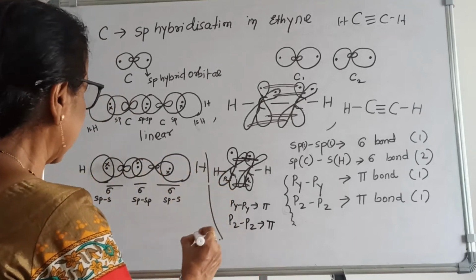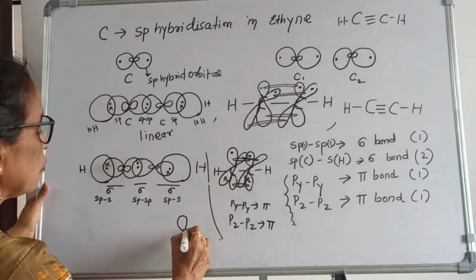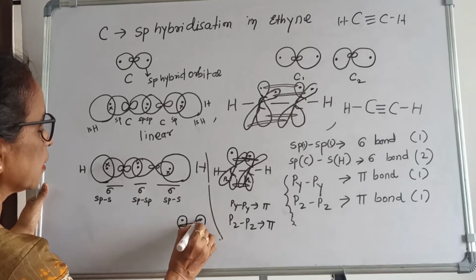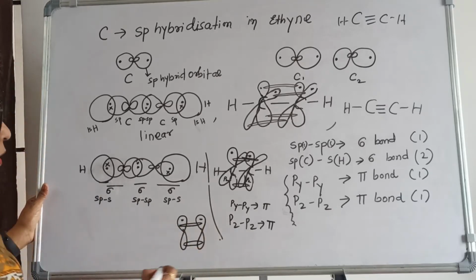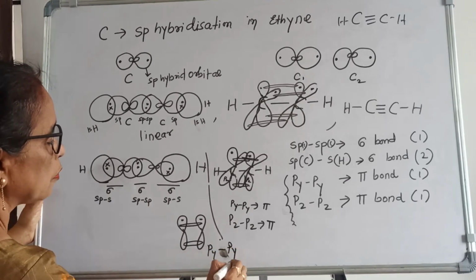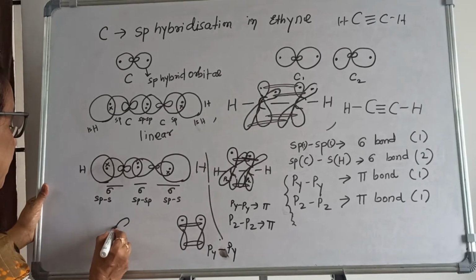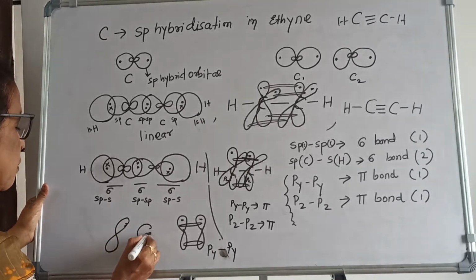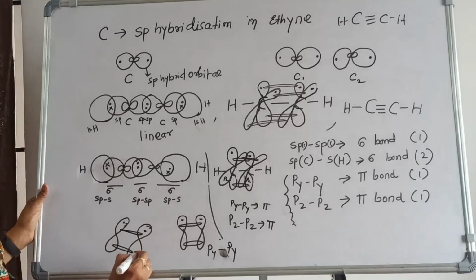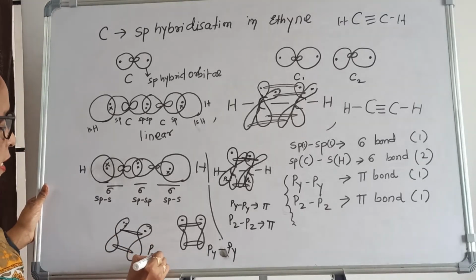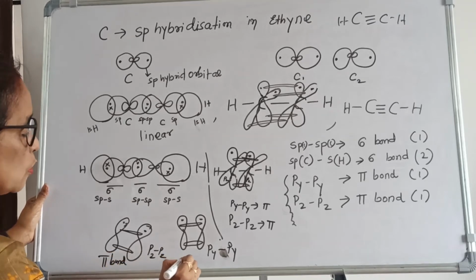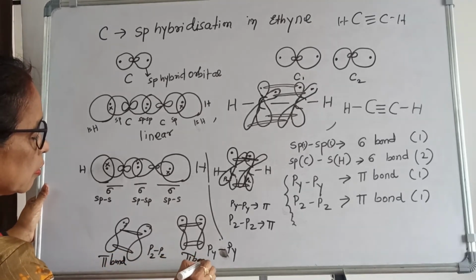So you do the diagram just like this. Py overlapping, and if you write pz, it contains one electron, one lobe. Here also pz, that is a pi bond, and here also a pi bond.